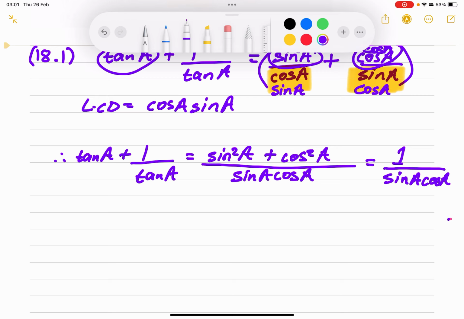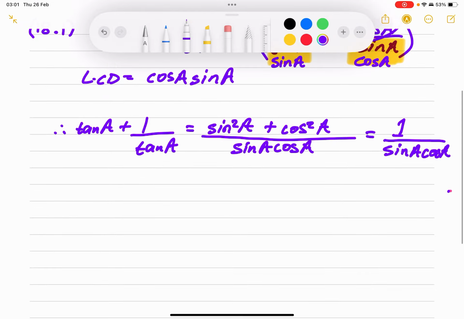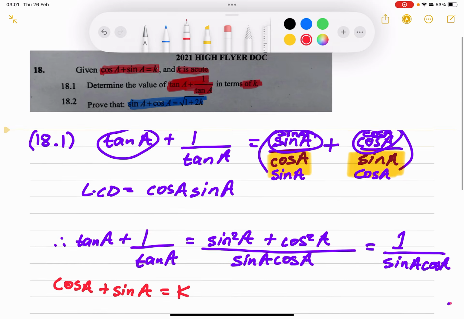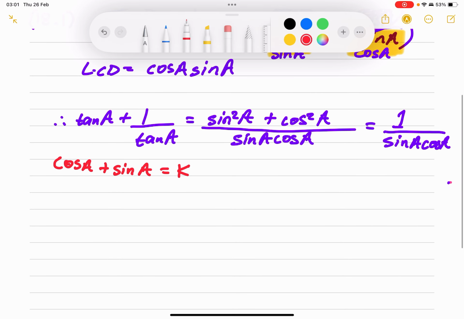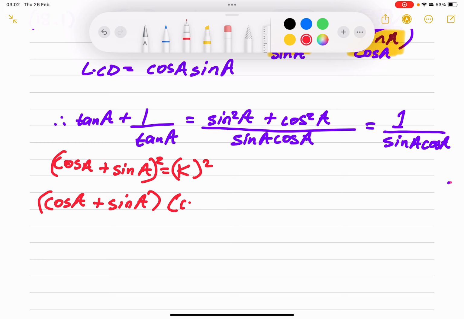Right. Now let's use the given information. We are told that cos A plus sine A equals K. All right. Now let us square both sides. Here it means I have two brackets, cos A plus sine A, and another bracket of cos A plus sine A, equals K squared.